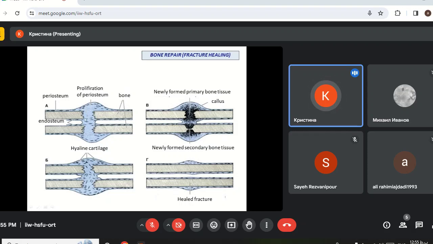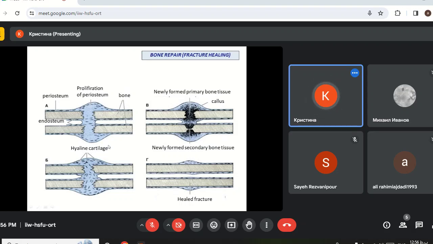In this area between the ends of broken bones, first from the bipotential cells of the inner layer of the periosteum, these bipotential cells will give hyaline cartilage cells instead of bone cells because of the lack of blood vessels.